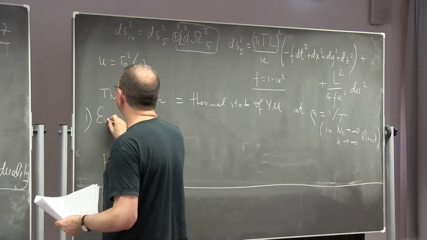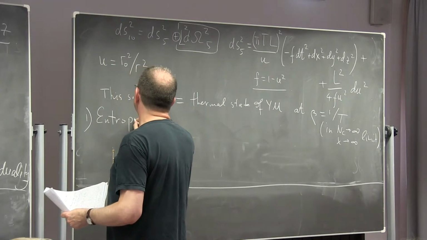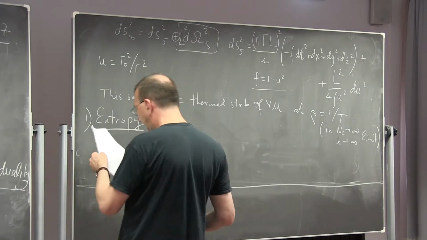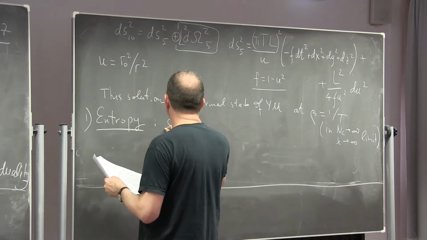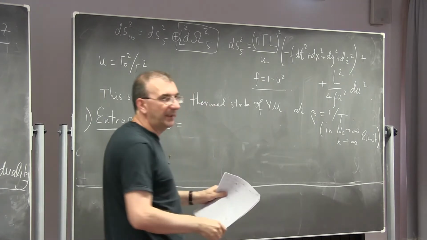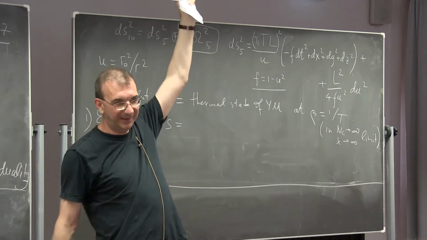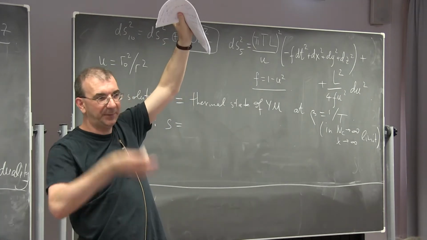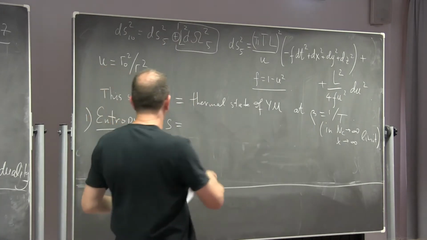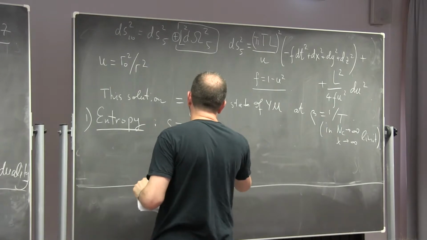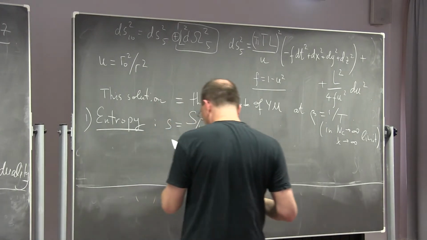So let's compute the entropy. First result. Now we compute the entropy density, right? Because this brane has infinite extent, so the total entropy is infinite. But we can divide by the volume, and then the total entropy divided by the volume is the entropy density.